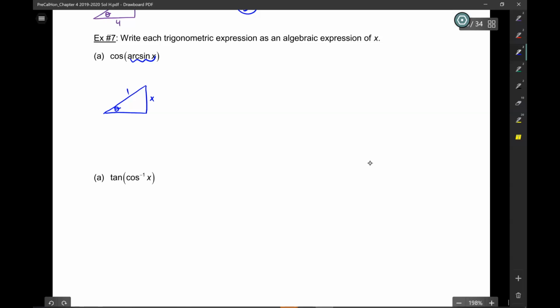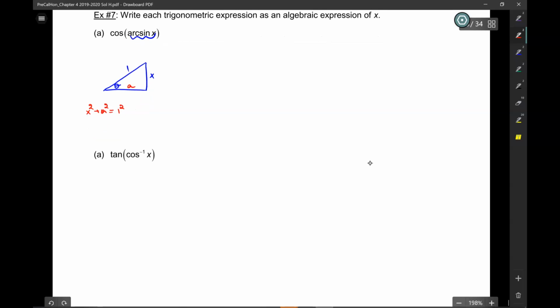Now, I'm going to call this missing side a. So now, using the Pythagorean theorem, x squared plus a squared equals 1 squared. So a squared is 1 squared minus x squared. When I take a square root, a is the square root of 1 squared, which is 1, minus x squared.